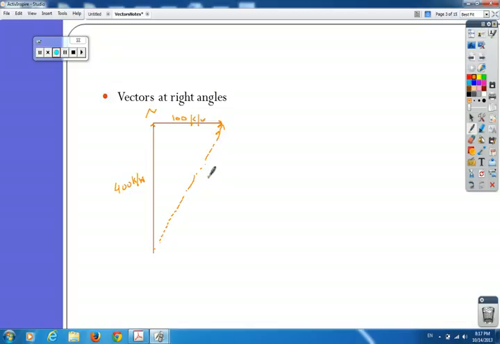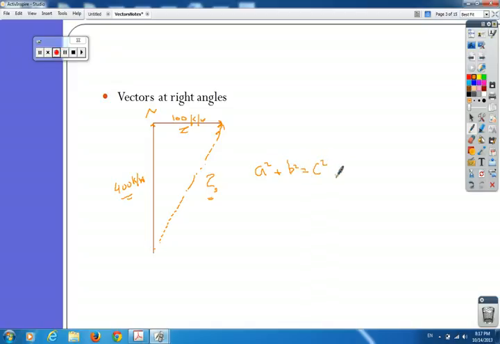Okay, so now how do we find this here? How do we find that? Well, remember back to your Pythagorean theorem, where you have a squared plus b squared equals c squared.